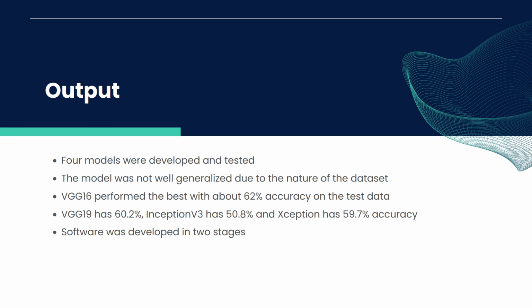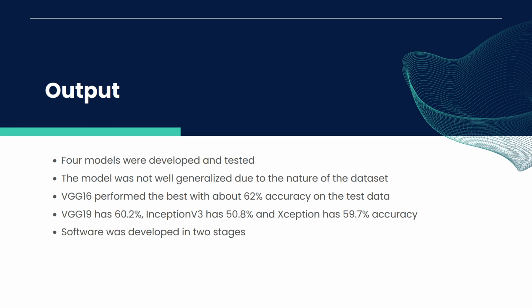Now to talk about the output. So all 4 models were developed and tested. However, the model had some difficulty being generalized due to the nature of the dataset, as the dataset, to describe it in brief, was a 48 by 48 resolution as opposed to the AffectNet resolution of 224 by 224. And the images were black and white as compared to the RGB images in AffectNet.